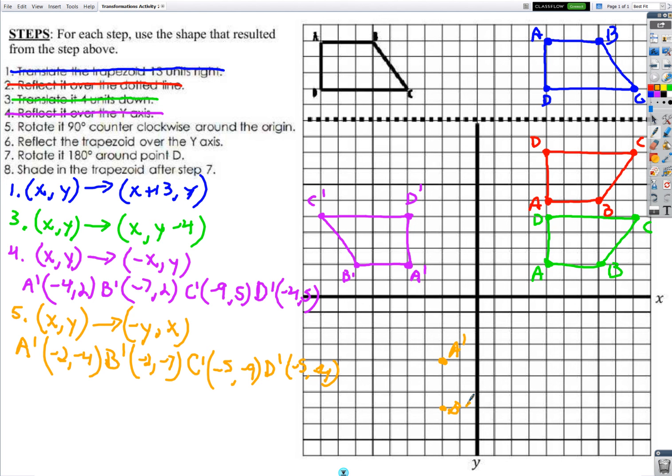Then -5, -9 would be C prime. And then -5, -4 would be D prime. So we're getting there.